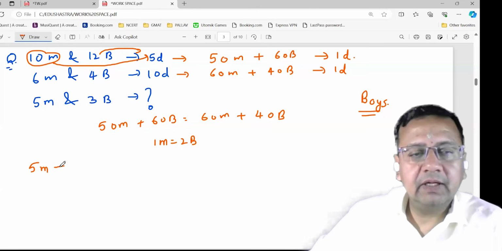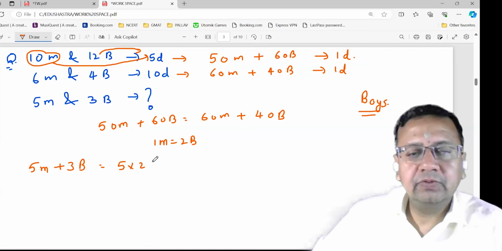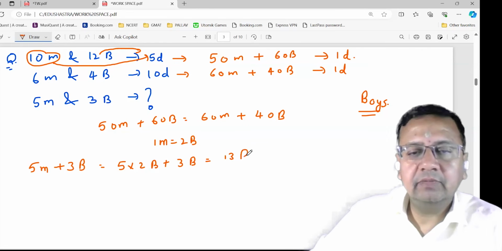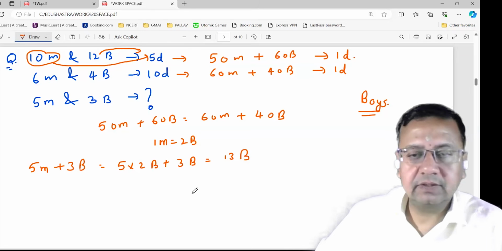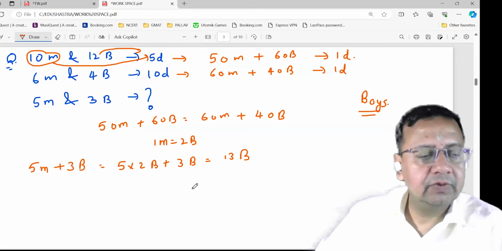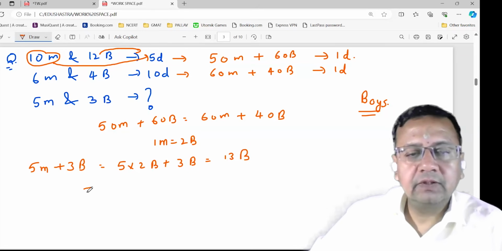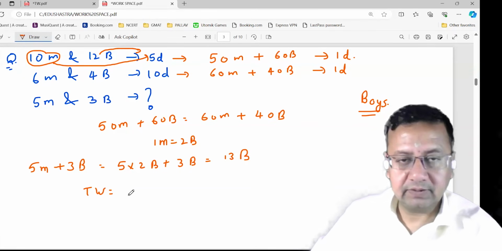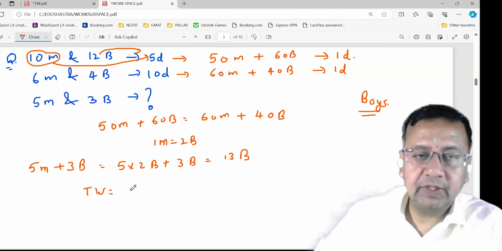So 5 men plus 3 boys is equal to what? 5 into 2 boys plus 3 boys is equal to what? 13 boys. Done? This is the total number of persons who will finish the work. What is the total work? Because we are taking in terms of boys, everything should be in terms of boys.